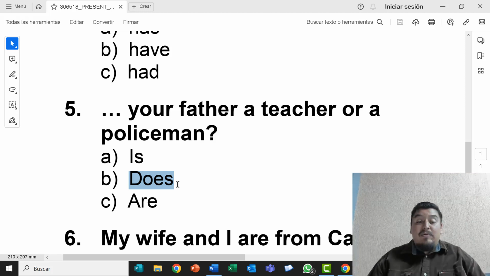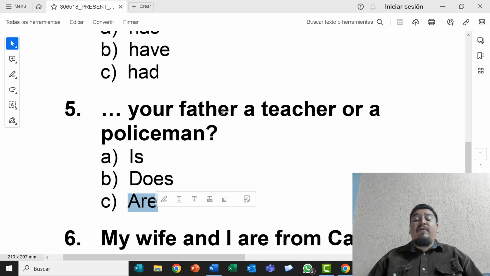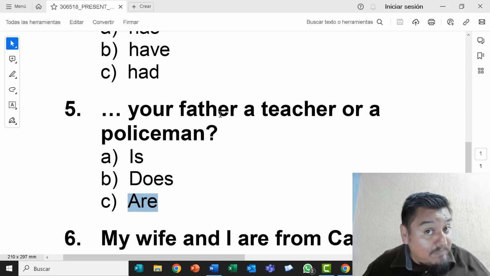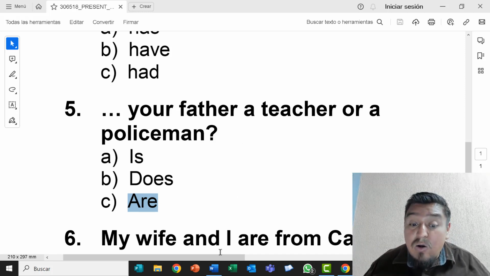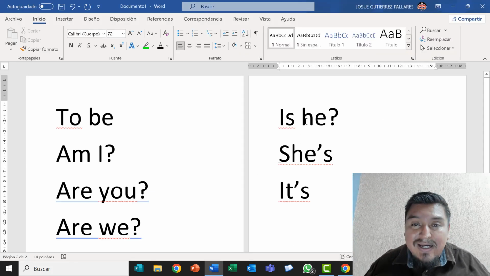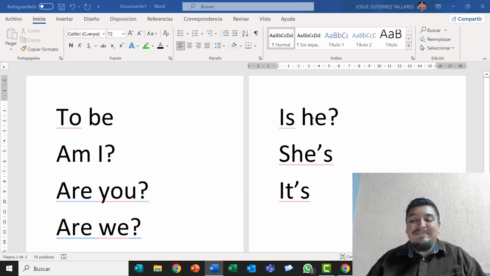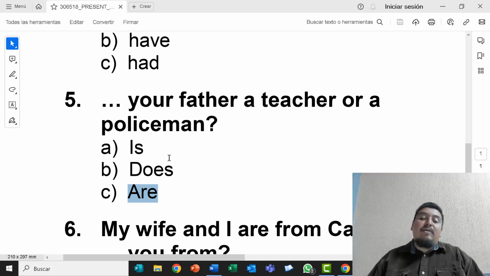So there's no verb because verb to be is the main verb. You got it? So maybe you say, why no are? Because your father is a third singular person. Is he? Are we? Right? You got it. So the correct answer here is: is your father a teacher or a policeman?